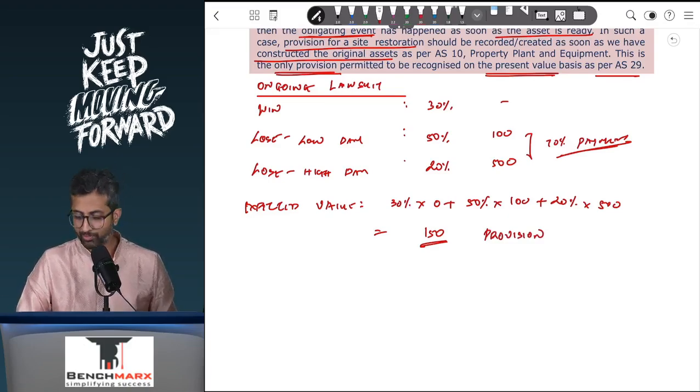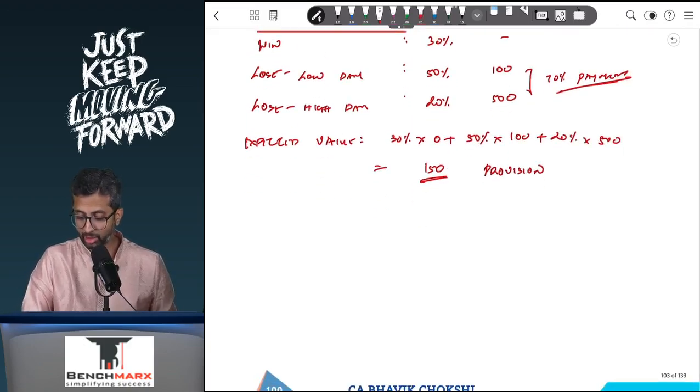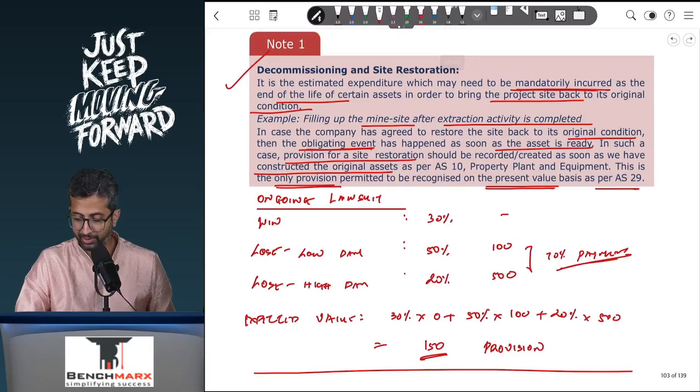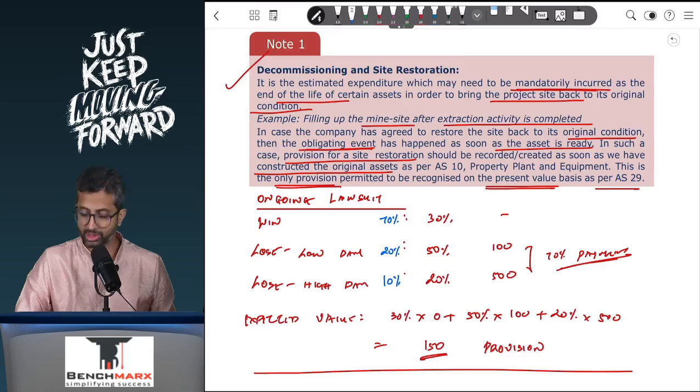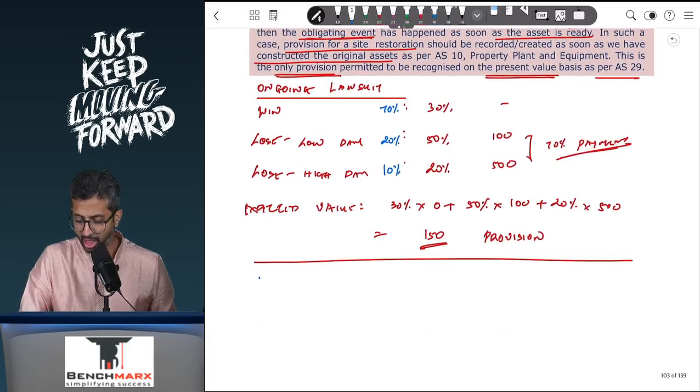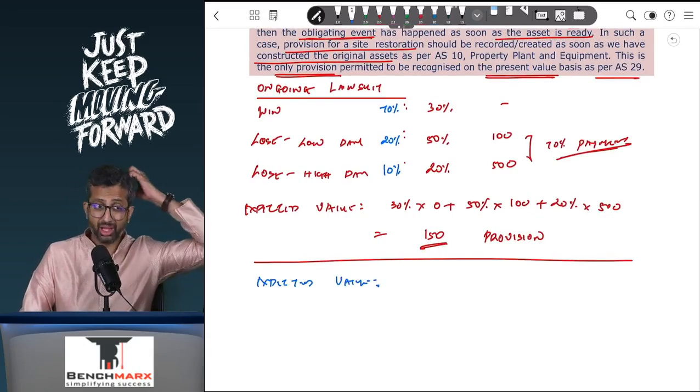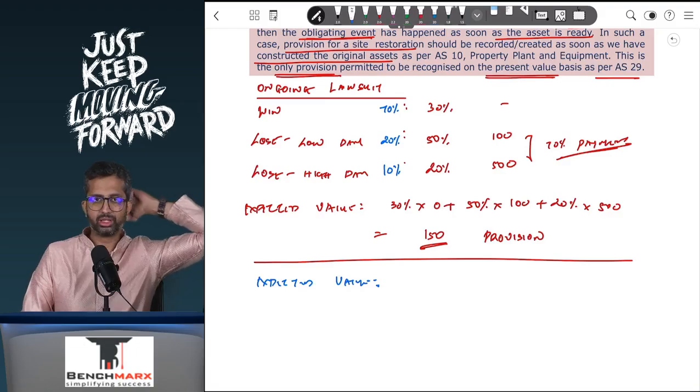Okay. On the other hand, now this is very much possible, there is another possibility. For example, if I take a separate example, the probability of winning is 70%, probability of losing with low damages is 20%, and probability of losing with high damages is 10%, in which case, again, I can find the expected value. But it is a possible obligation where payment is uncertain.